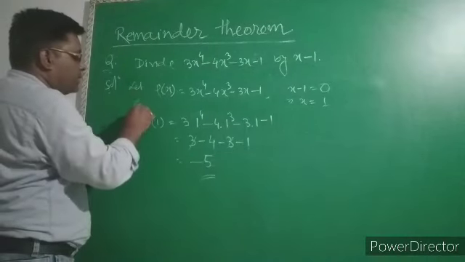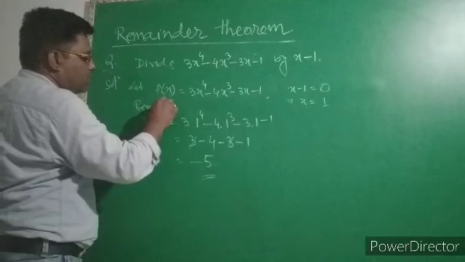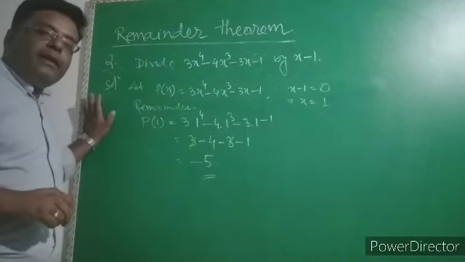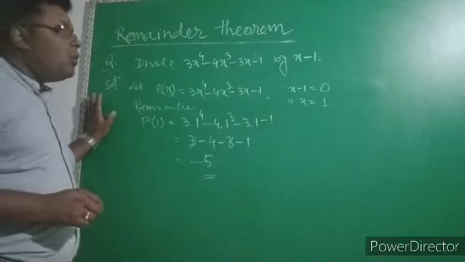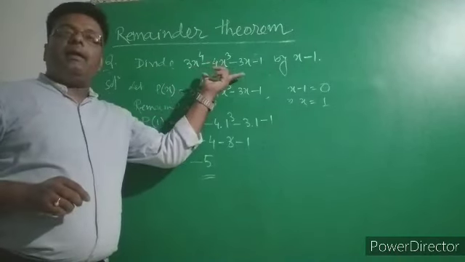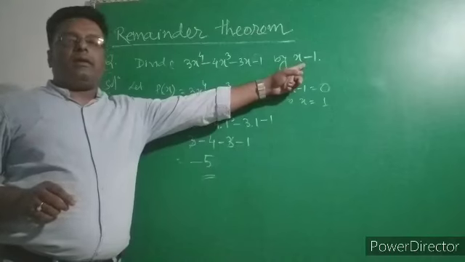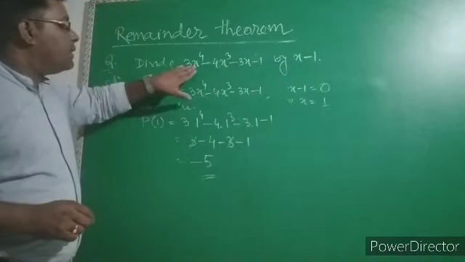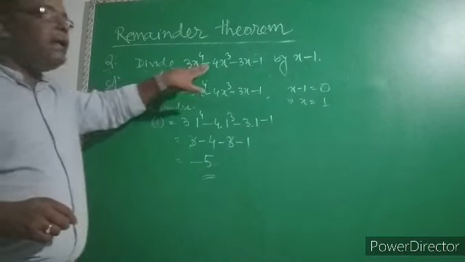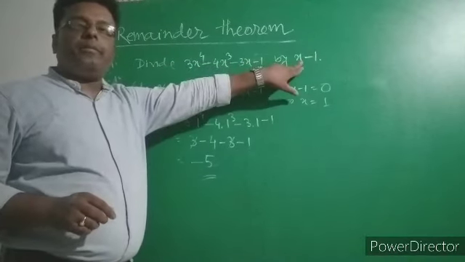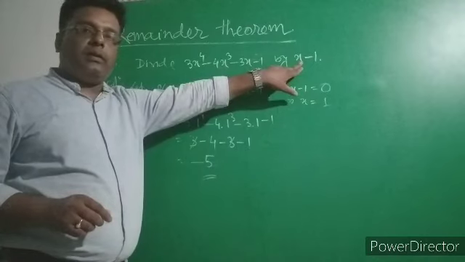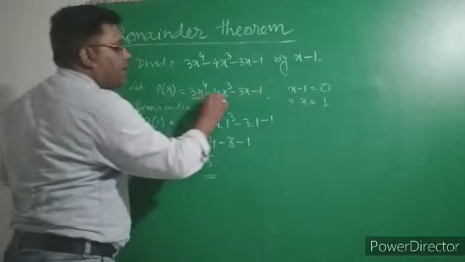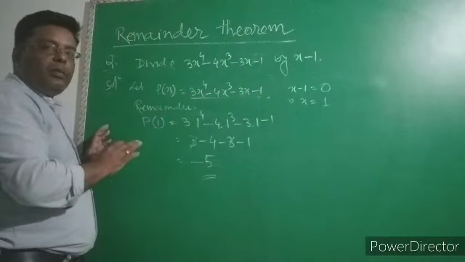That is, to find the remainder when a polynomial is divided by a linear polynomial, we just have to replace the x of this polynomial by the zero of this linear polynomial. This is the process. First we take the dividend as p(x), a polynomial of x.